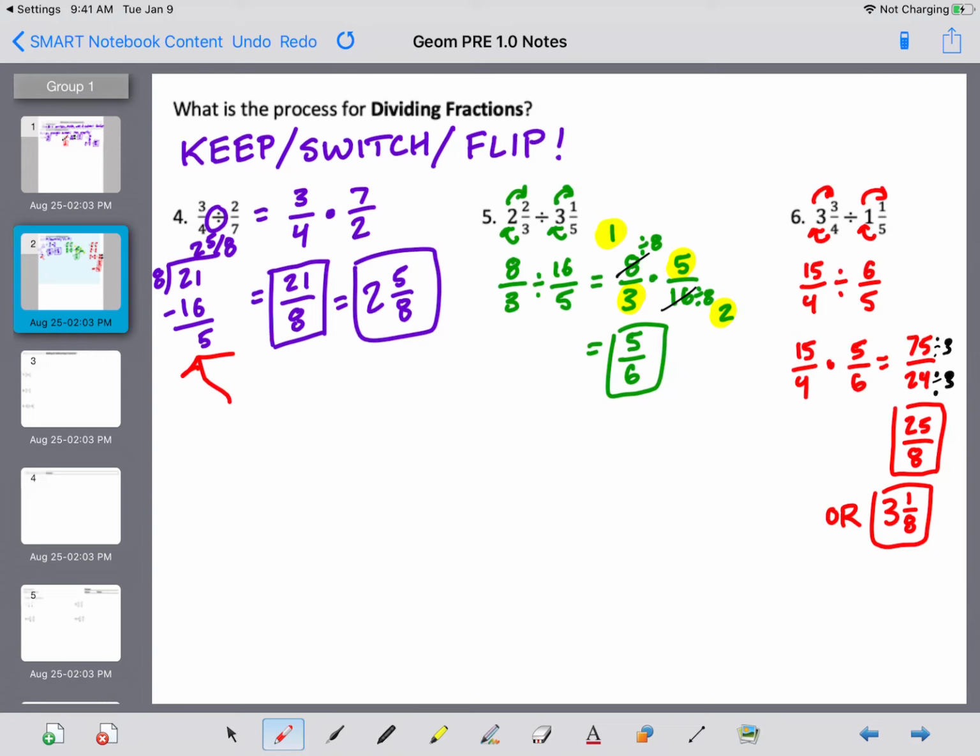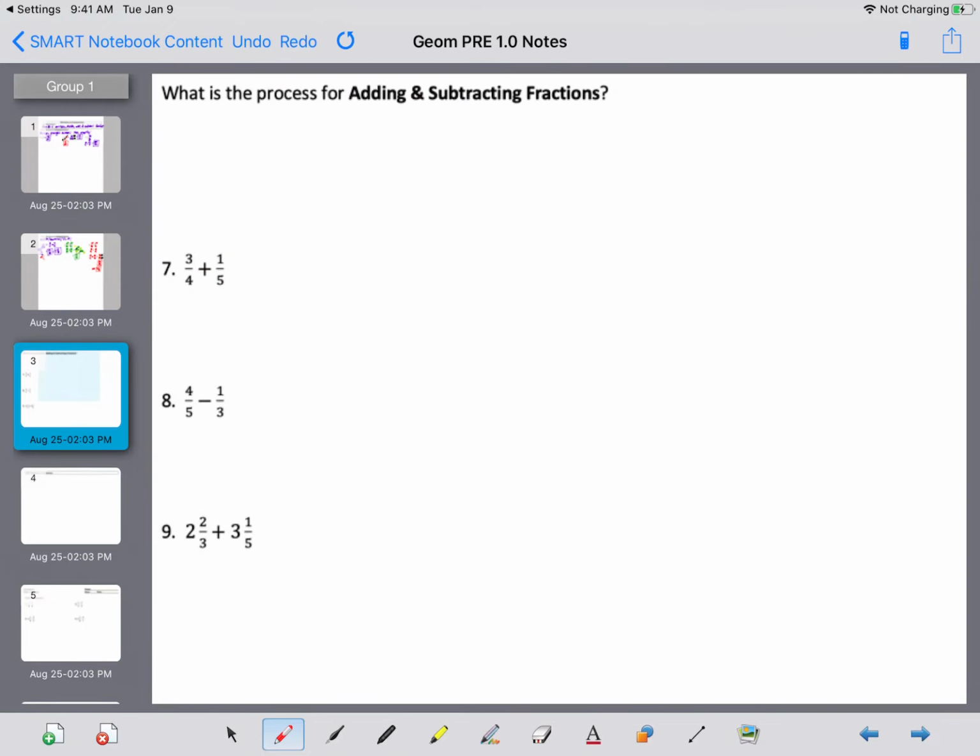All right, and then lastly, this is probably the toughest part of this lesson, adding and subtracting fractions. So the tricky part with this is you do have to get a common denominator. So you can't just add right away. There's a little bit of work you need to do ahead of time. All right, so the first step is to get a common denominator, step 1.